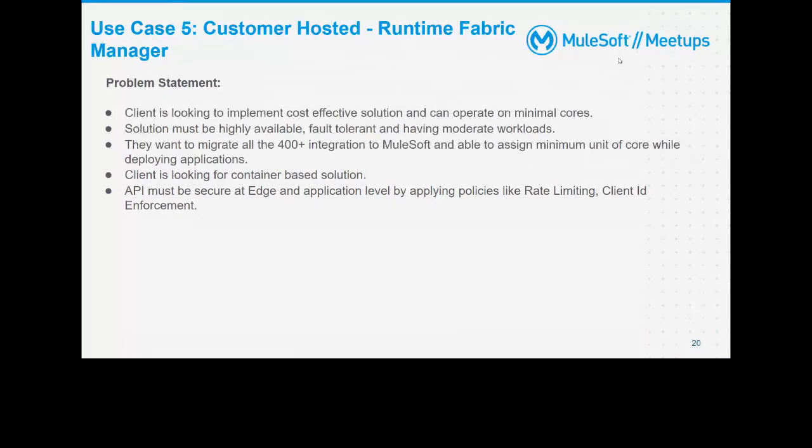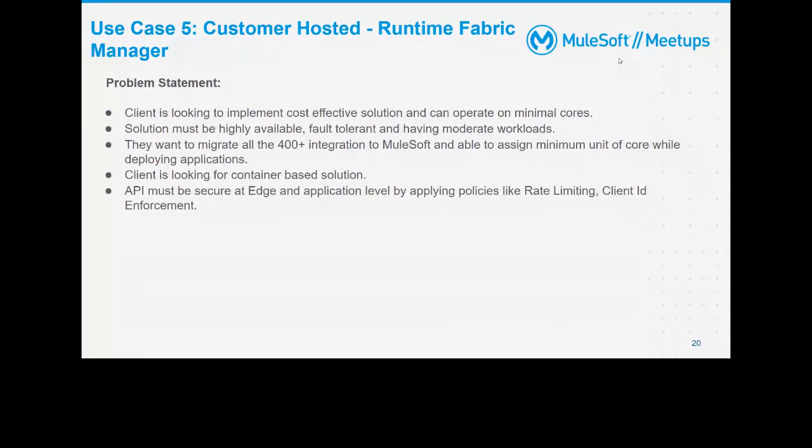The solution must be highly available, fault tolerant, and handle moderate workloads. They want to migrate 400 plus integrations on MuleSoft and be able to assign a minimum unit of core while deploying the application. The client is looking for a container-based solution. An API must be secured at the edge and application level by applying policies like rate limiting and client ID enforcement policy. Okay, so it's very simple.